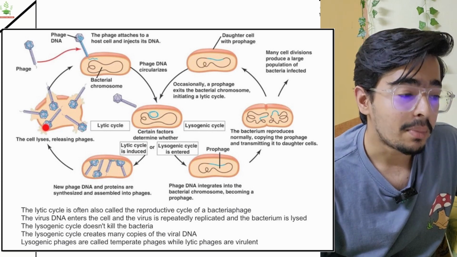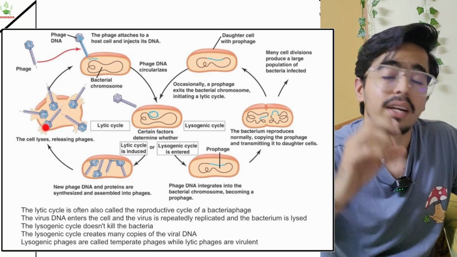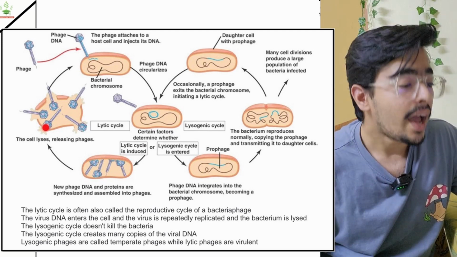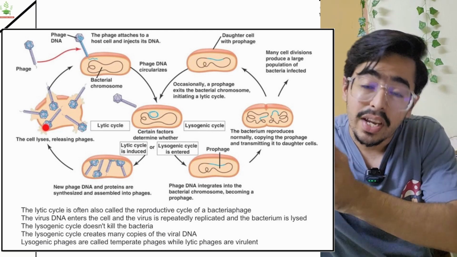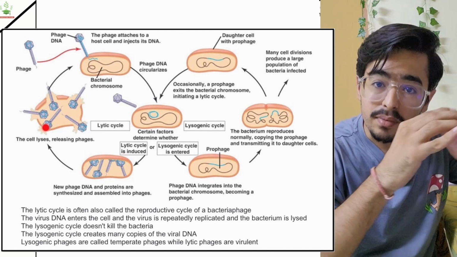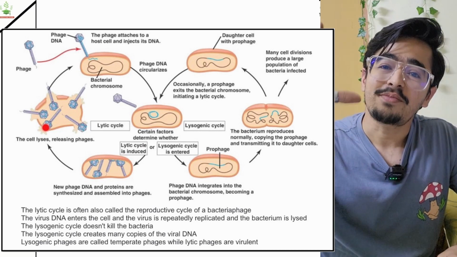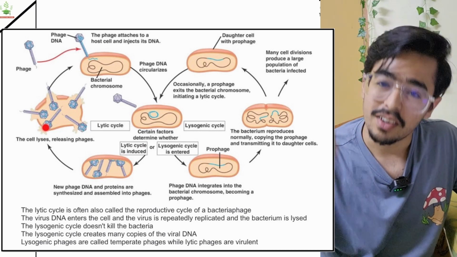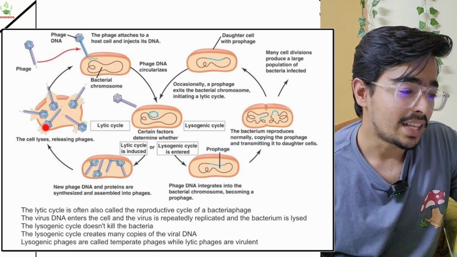Please remember this important term, prophage, and they get multiplied again and again. And if the environmental conditions are good, then the lysogenic cycle continues as the lytic cycle, and the viruses get outside from the cells.